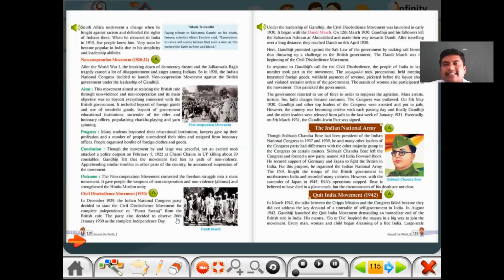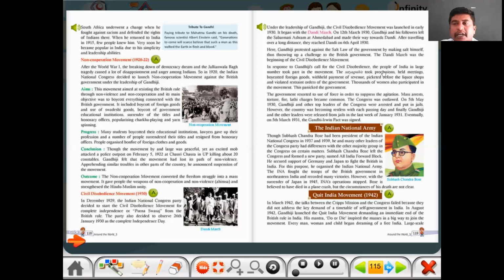Here, Gandhiji protested against the salt law of the government by making salt, the Salt Satyagraha. Even Indians had to pay taxes for salt. Mahatma Gandhiji took a very strong decision to go for a march to Dandi. The Dandi March was the beginning of the civil disobedience movement. This is the way the movement was started.